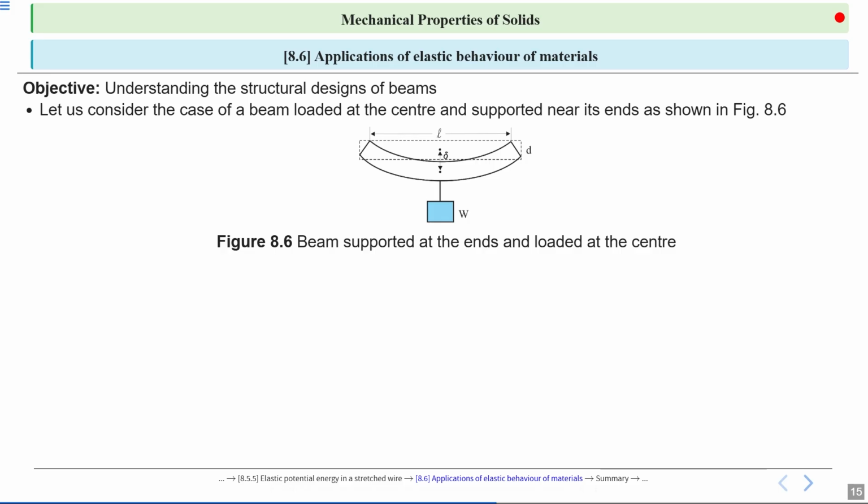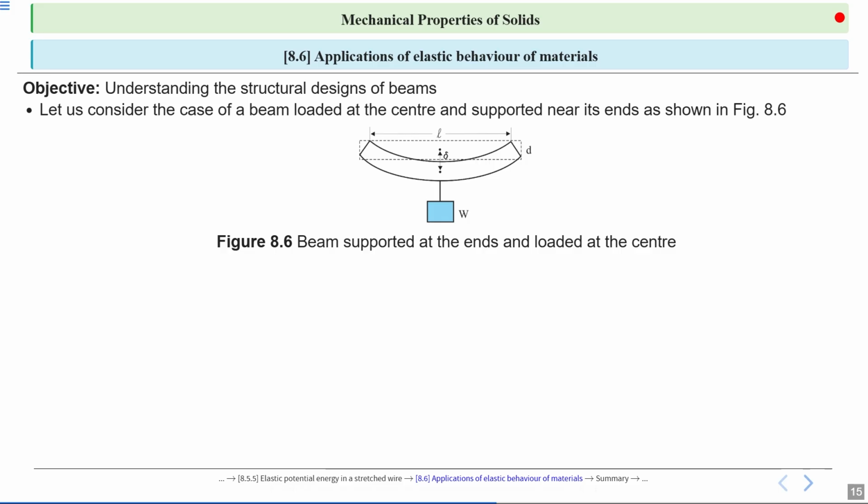This setup helps us study how beams bend or sag under the load. Notice how the force is applied right at the center and the supports are near the ends. This is a common way to test the strength and flexibility of the material.